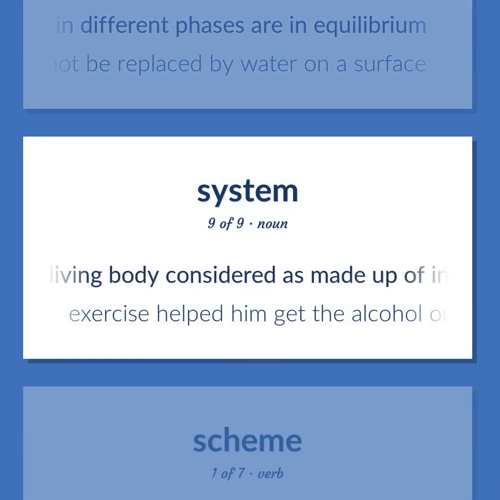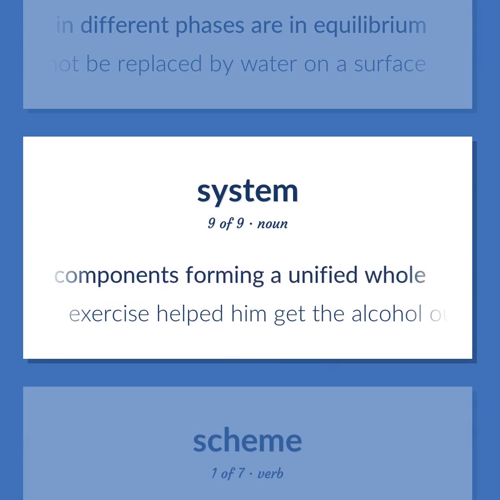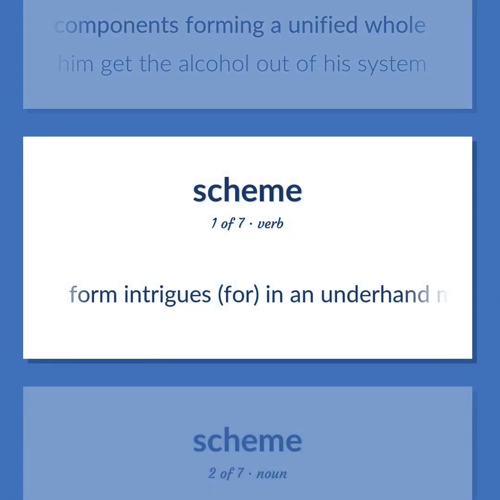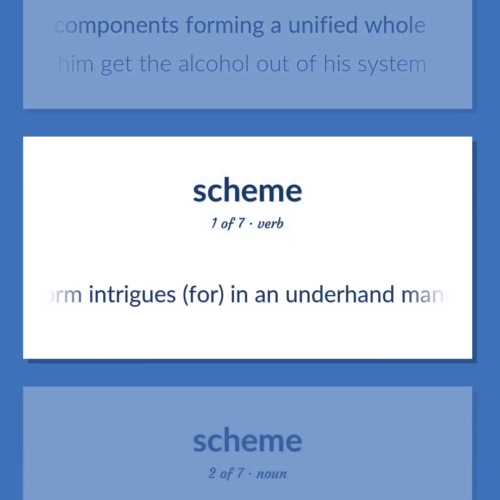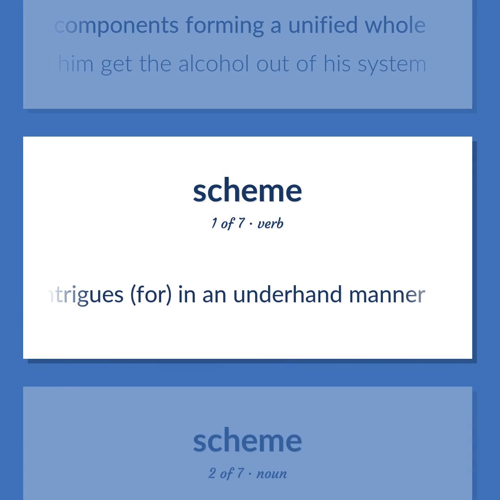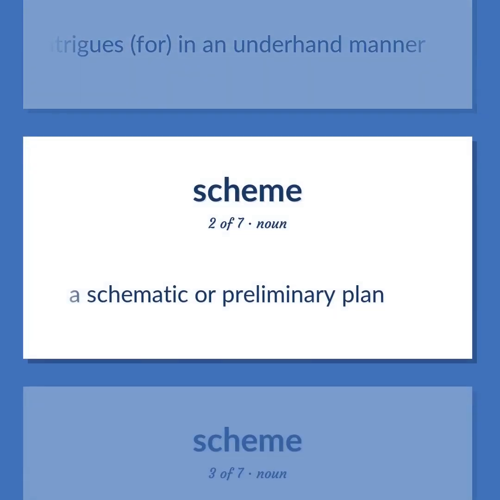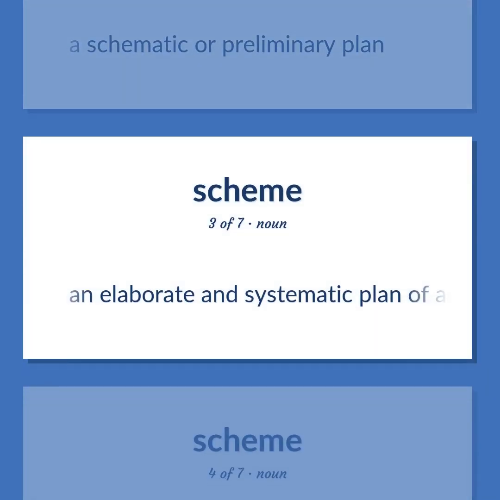The living body considered as made up of interdependent components forming a unified whole. Exercise helped him get the alcohol out of his system. Form intrigues, in an underhand manner. A schematic or preliminary plan. An elaborate and systematic plan of action.